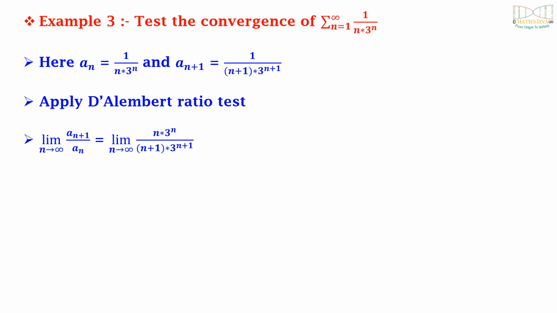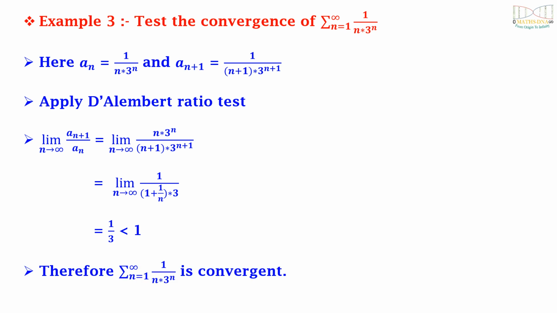The n gets cancelled from the numerator and denominator and 3 raised to n also gets cancelled, which gives us limit n tends to infinity 1 upon 1 plus 1 by n into 3, which is equal to 1 by 3, which is less than 1, and therefore the series summation n running from 1 to infinity 1 by n into 3 raised to n is convergent.